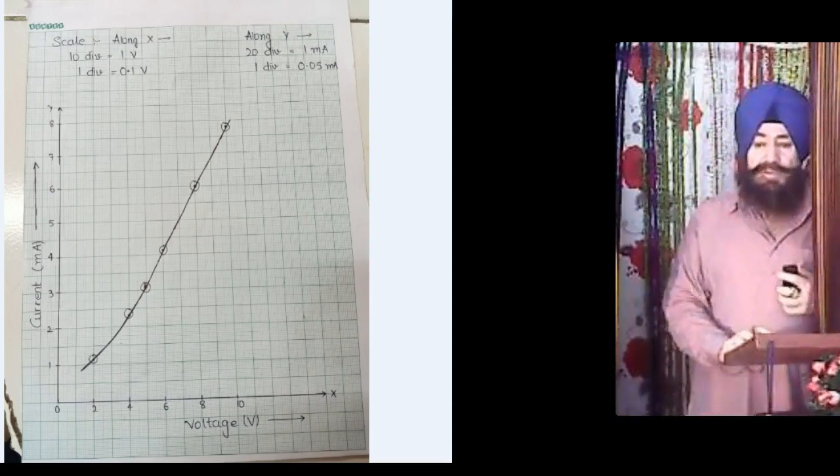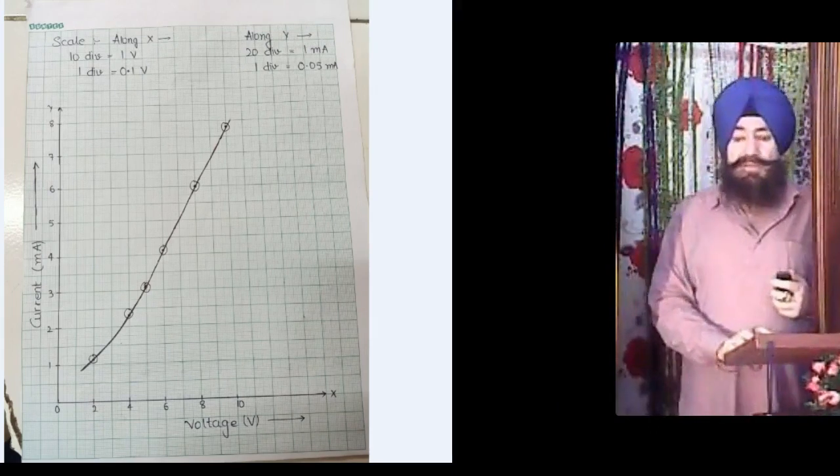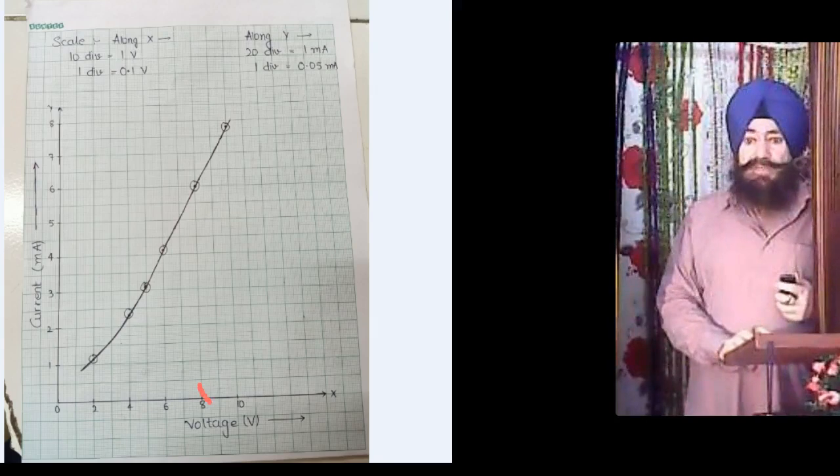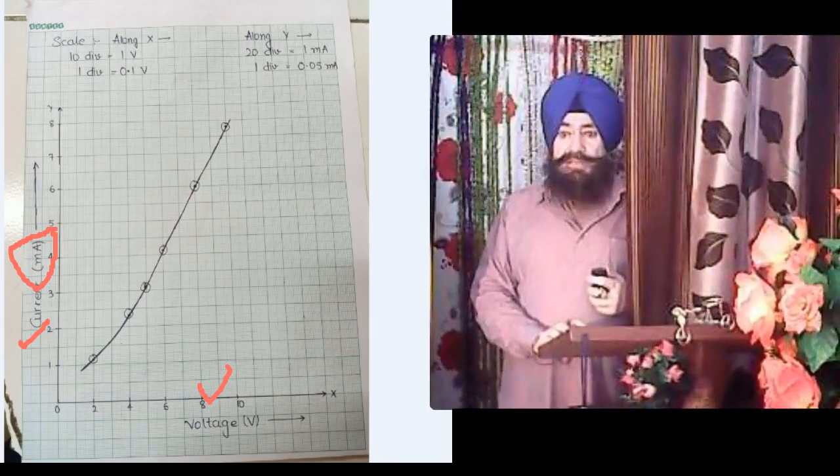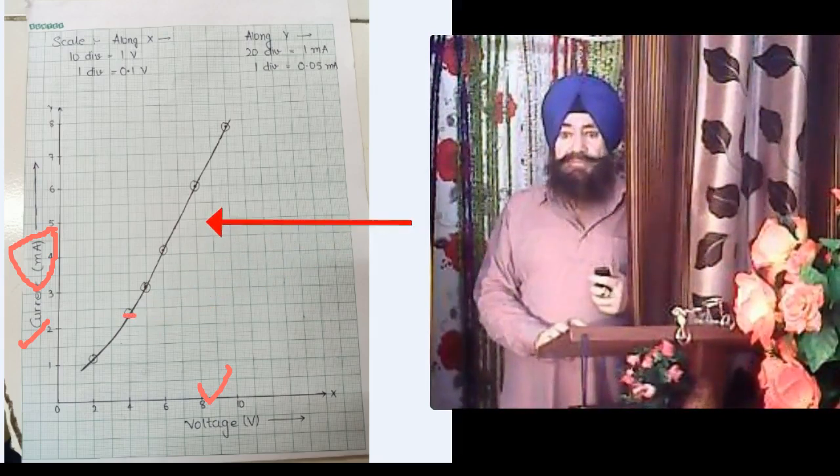Now look, I have plotted a graph between voltage and current. Current is in milliampere. The graph is like, first of all, the starting, it is slightly curved, but just crossing this point, it is a straight line.